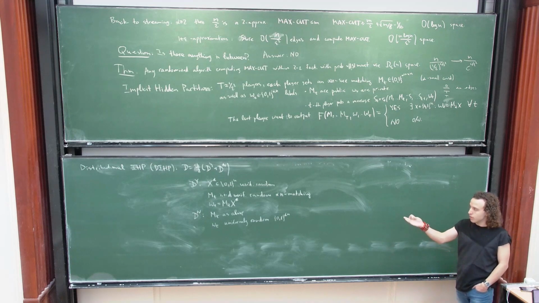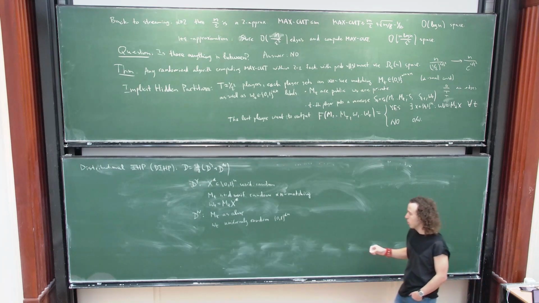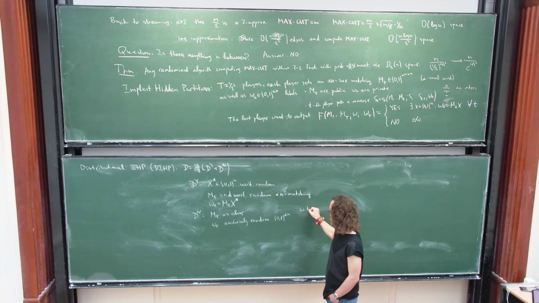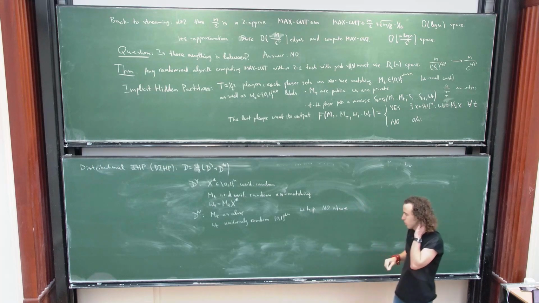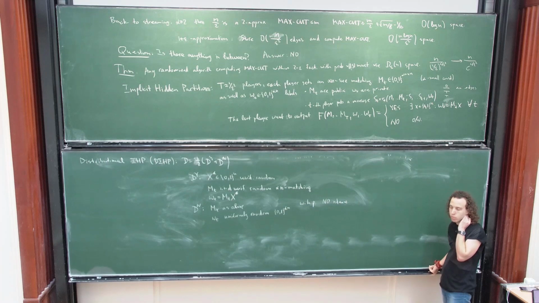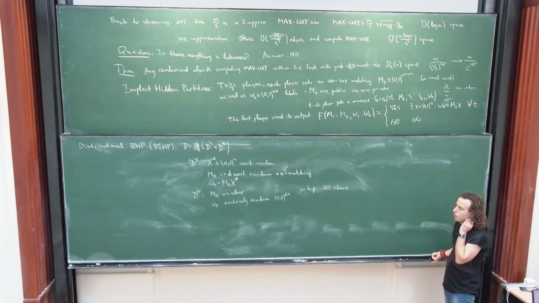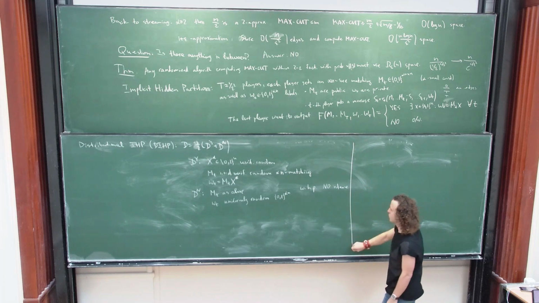Notice that formally this is not necessarily a no instance, but with high probability it is a no instance, which follows from a union bound. Okay. So now let's do the reduction.